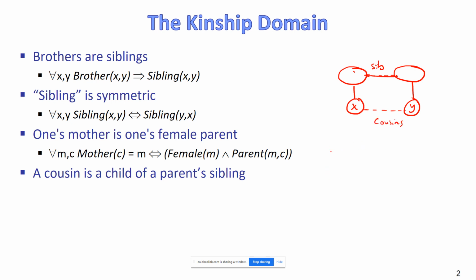That's the relationship that's called cousins. Okay, in Arabic, ابن الخال أو ابنة الخال أو ابن العم أو ابنة العم. Okay, that's cousin. So cousins have parents who are siblings, right? Now, how can we write that using first order logic?